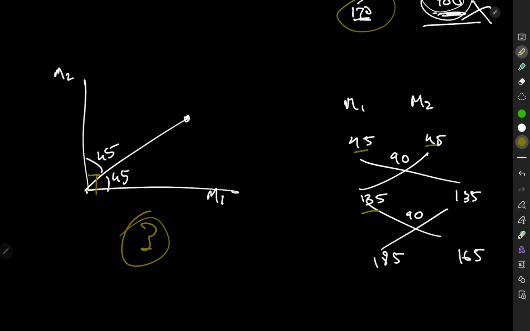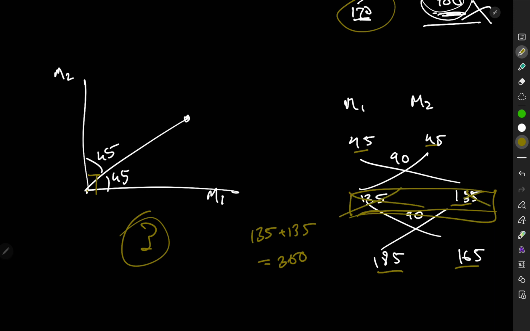This is the exceptional case, where in this single row, if 135 plus 135 is equal to 360, both will be eliminated, and we'll count only 1, 2, 3, 4. But above 180 is also eliminated, so we'll count only 1, 2, 3. That's it. So 3 images will be formed.